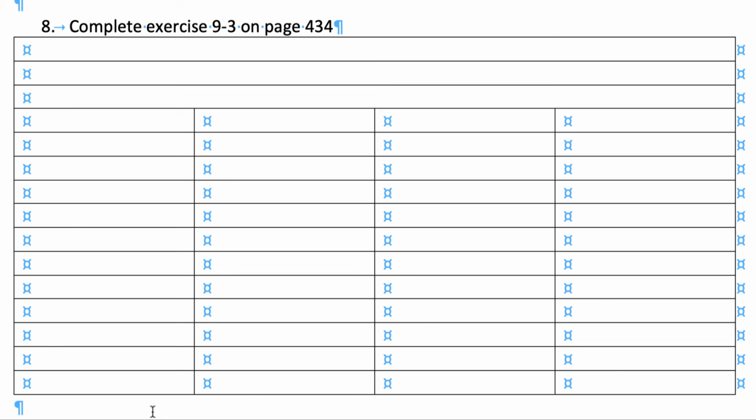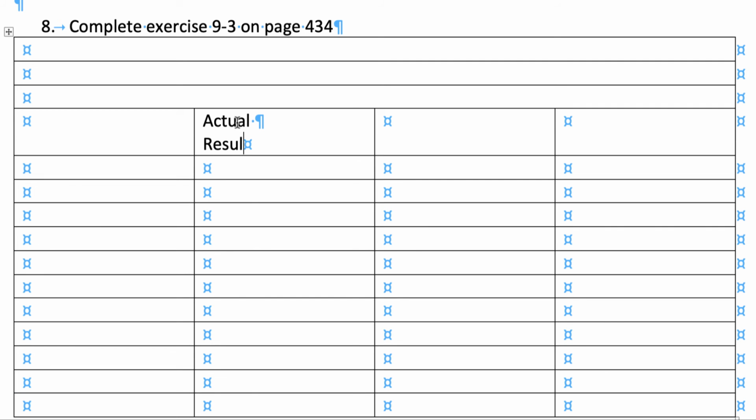Well, here we have to calculate the revenue and the spending variance. Okay? So right off the bat, when I'm calculating revenue and spending variance, I know that I need the actual results compared to the flex budget.